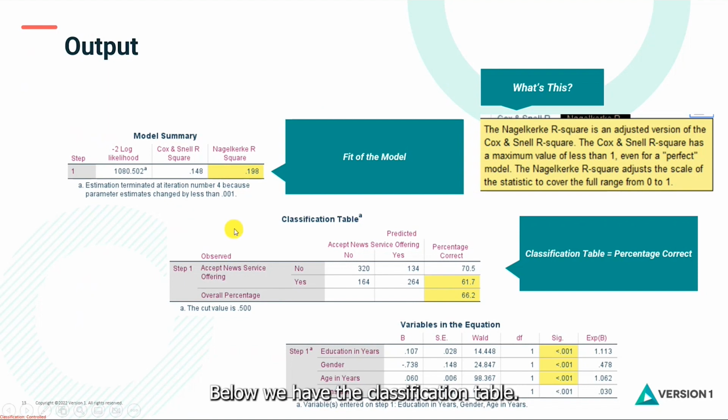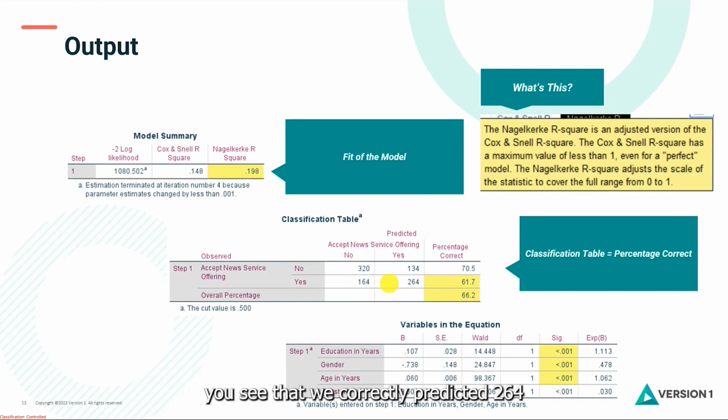Below we have the classification table. If you notice, we have observed crossed with predicted. So overall, the model is 66.2% correct. You can see that here. If we look at those that did take up the news channel offering, you see the yes category here.